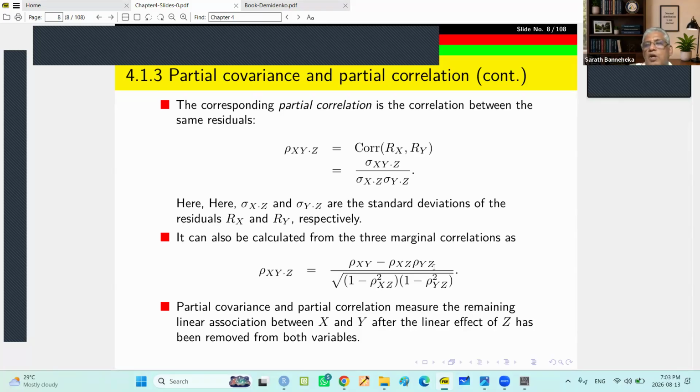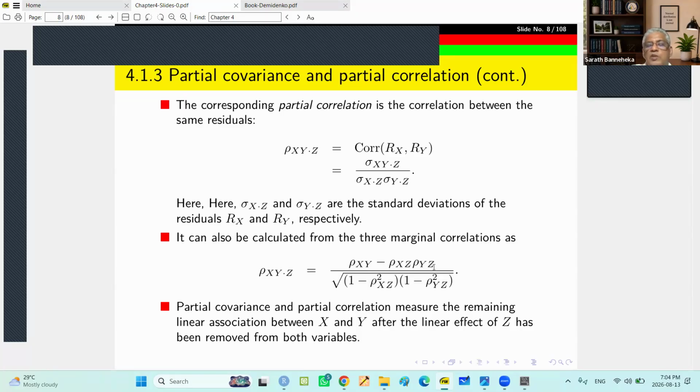After removing the linear effect of z on x, there may still be some other linear effect remaining on x based on the other variables.